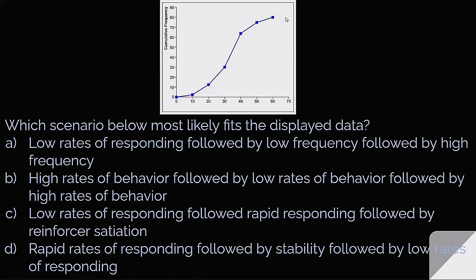So if there was a flat line between 60 and 70, then all that's saying is that no frequency was recorded between there, right? So if there's a dot here at 70, then what I'm saying is from 60 to 70, nothing happened. That's it, or no more frequency of that behavior. That's what a flat line means. I guess in my notes, I would put it as flat line on a cumulative graph means no responding.